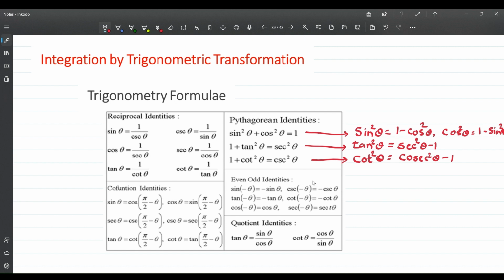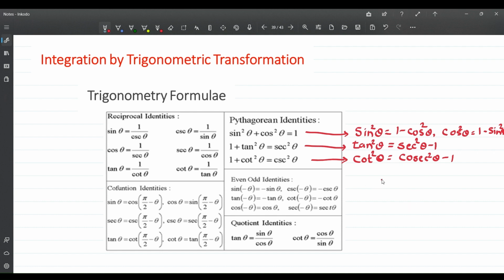Next one, even odd identities. We have six trigonometric functions, that is sine, cos, tan, cot, sec, and cosec. So in even and odd identities, you can see here sine of minus theta is minus sine theta, and all these.